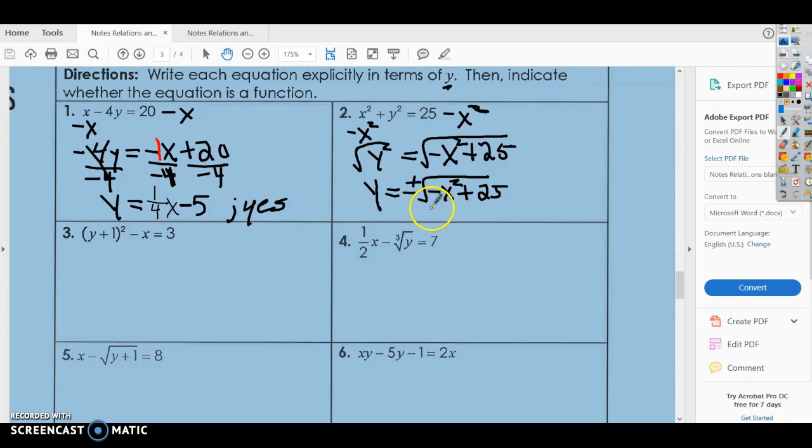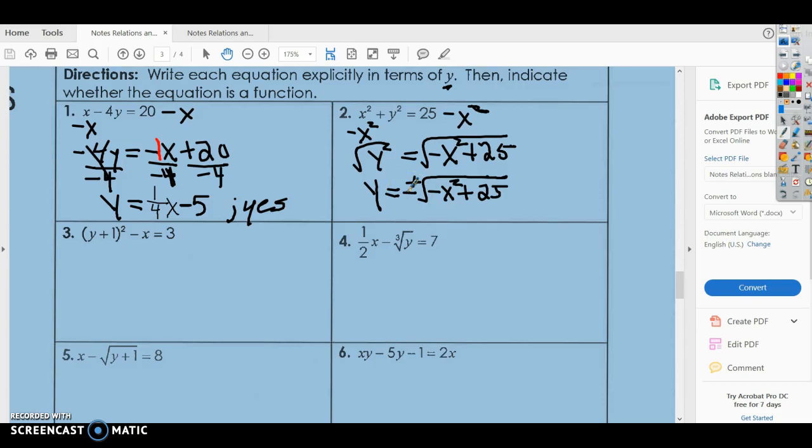Now, be careful here. The square root does not cancel the square, and it doesn't turn the 25 into 5, okay? So when you get to here, you're finished. You can't go any further because that's a binomial. Those are joined together with a plus sign. And if it were a difference of squares, then you could factor that and work with the square root.